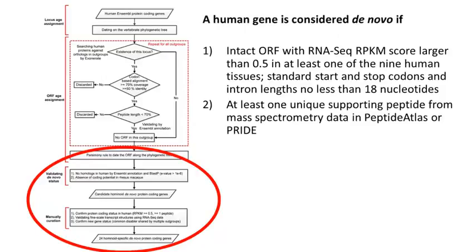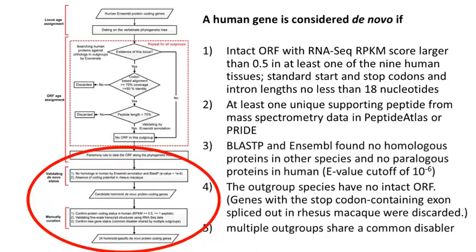First, to ensure that it is a high-quality protein coding gene in human, it needs to have an intact ORF with RNA-Seq RPKM score larger than 0.5 in at least one of the 9 human tissues, standard start and stop codons, and intron lengths no less than 18 nucleotides. Second, it needs to have at least one unique supporting peptide from mass spec data in PeptideAtlas or PRIDE.